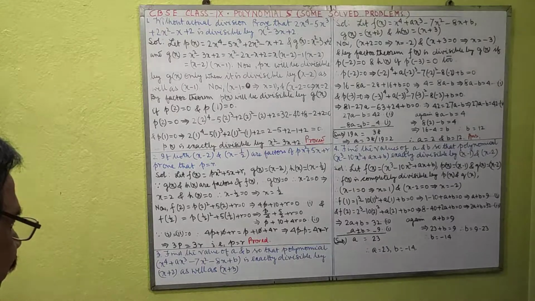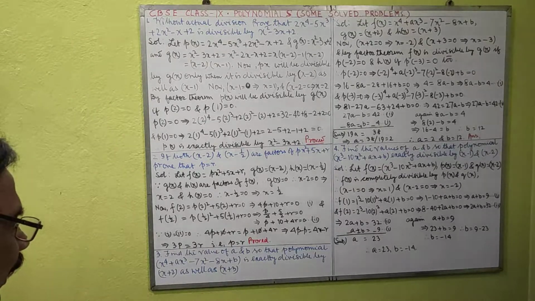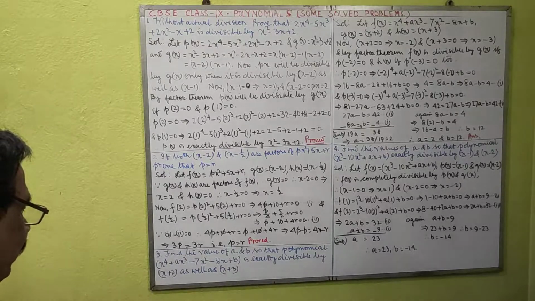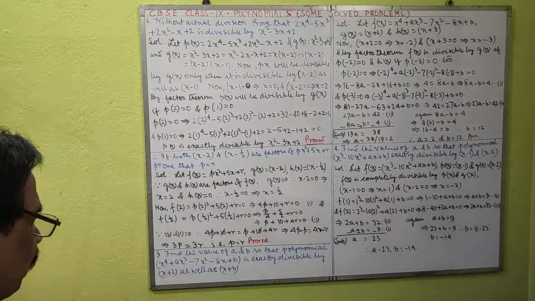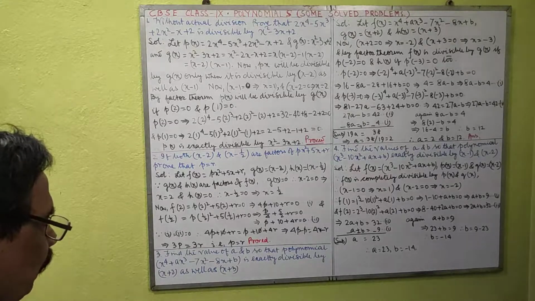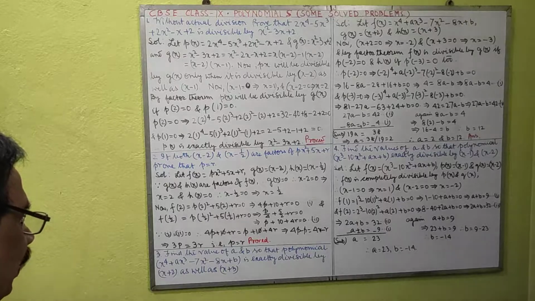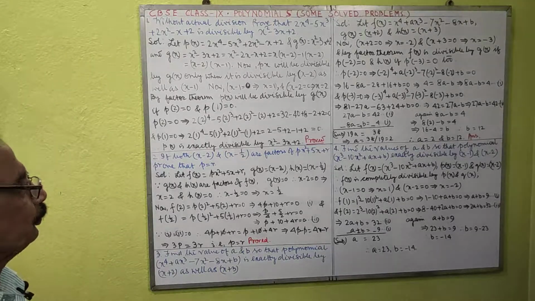Question number 3. Find the values of a and b so that the polynomial x⁴ + ax³ − 7x² − 8x + b is exactly divisible by x + 2 as well as x + 3.